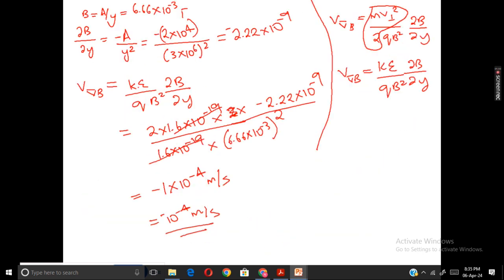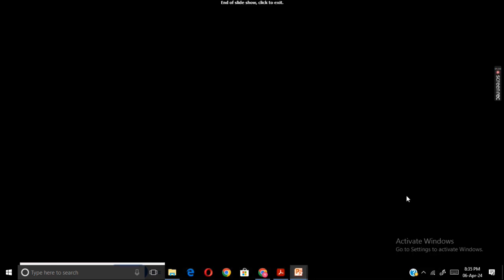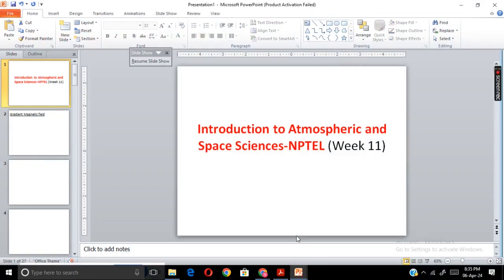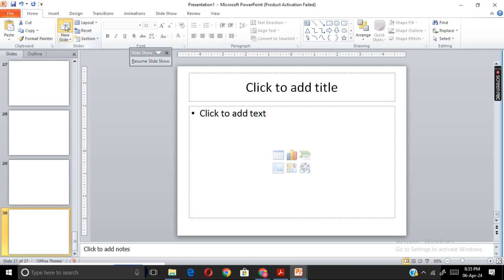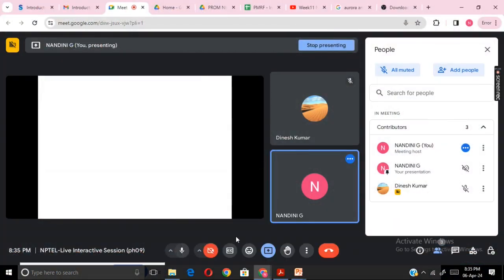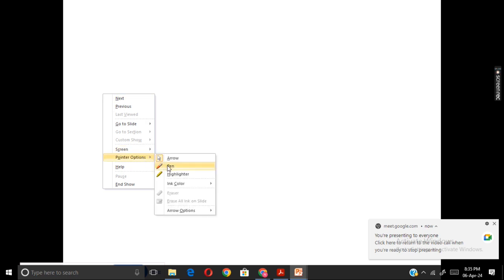Now let's consider the second case. So in the first case, when kinetic energy is 2.5 electron volt, theta is 90.